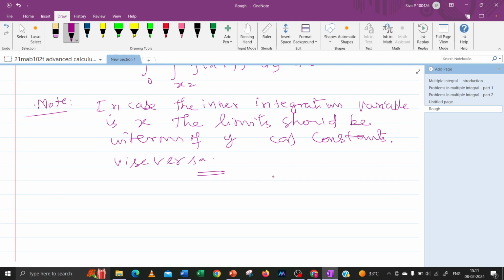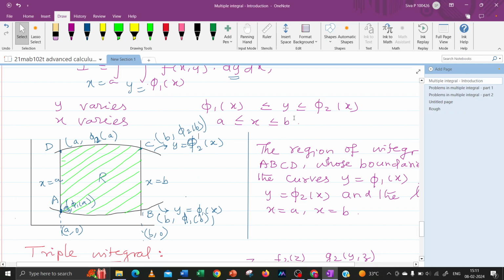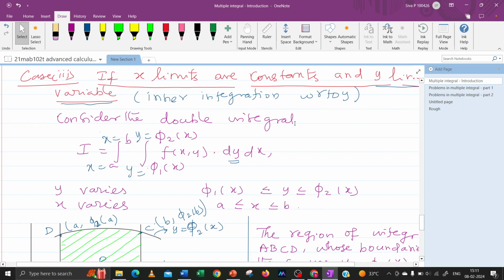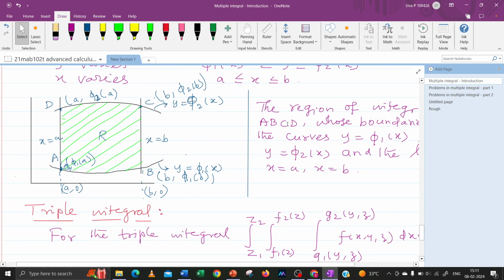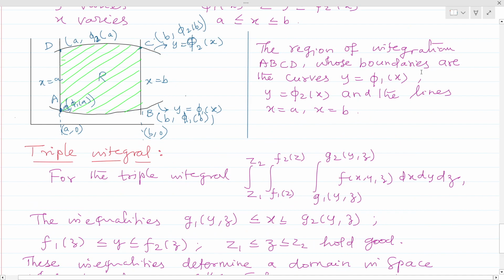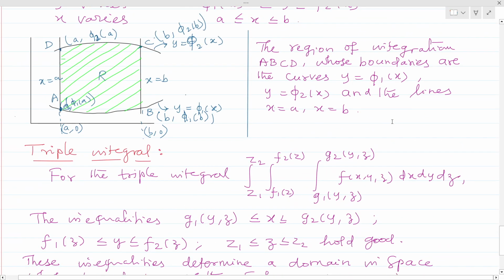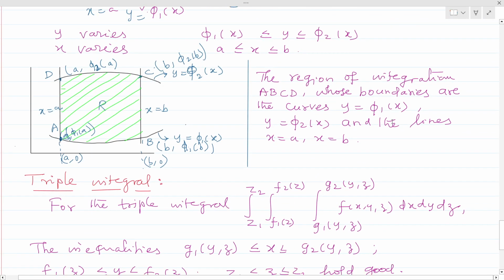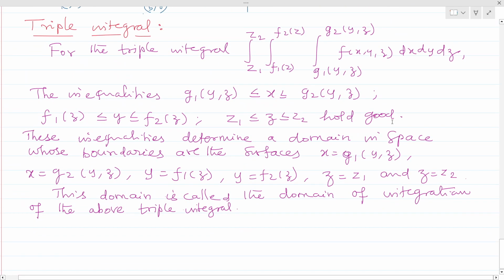Able to understand? Next one is case 3. Case 3 we have just seen now. Next we are going to the triple integral. For the triple integral, we already explained this in the beginning, but once again: what are the limits?